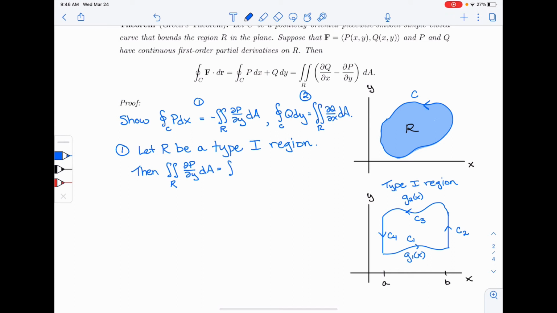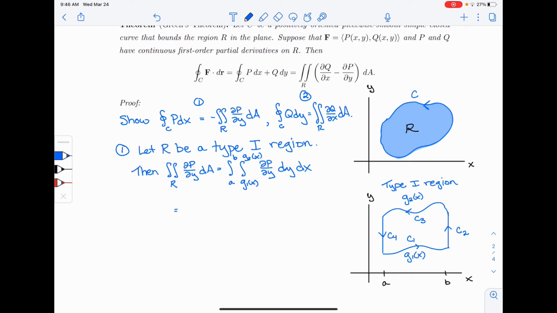That's going to be the integral from a to b, and then the integral from g1 of x to g2 of x of dP/dy dy dx. Okay, so I'm integrating from the lower function g1 of x to the upper function g2 of x dy, and then in x's I'm ranging from a to b.